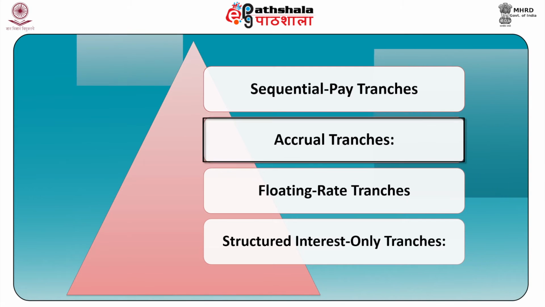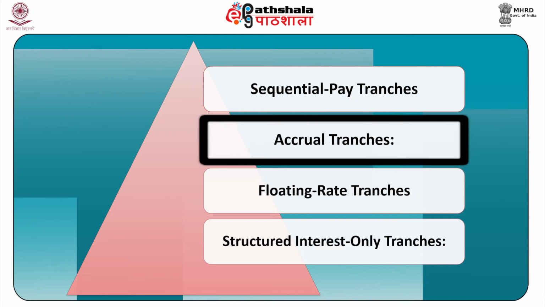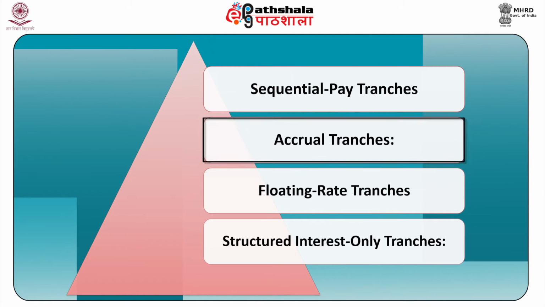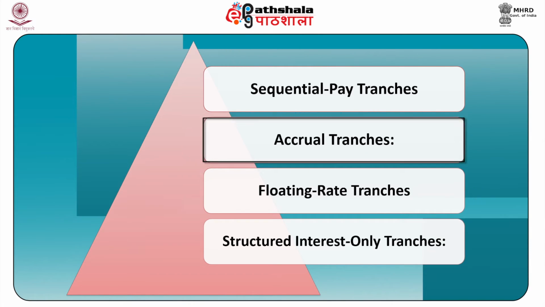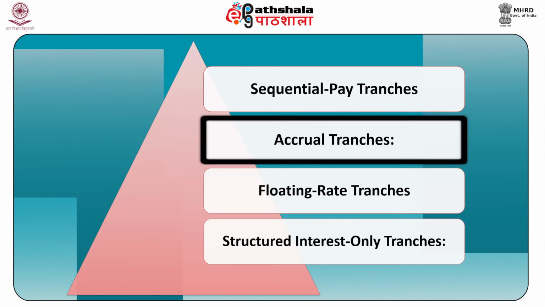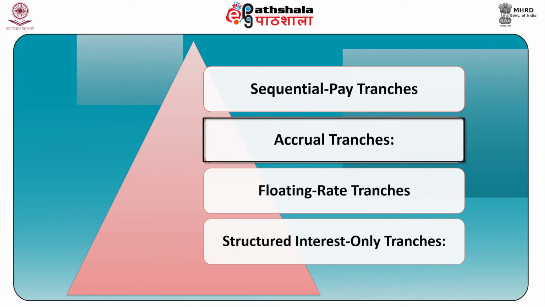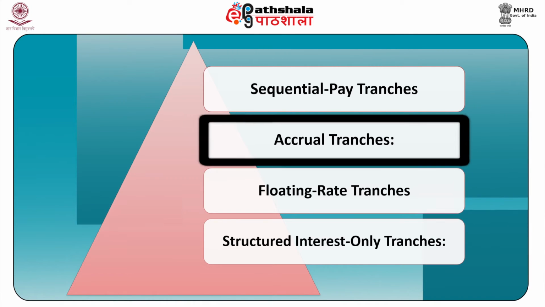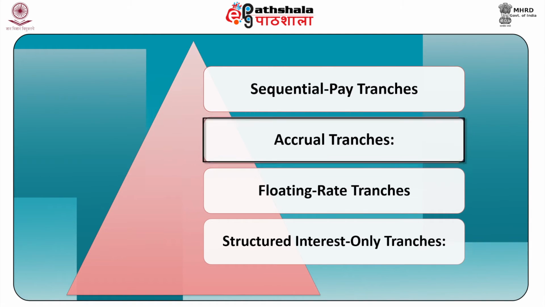Second, accrual tranches. In case of accrual tranches, monthly coupon, principal and prepayments received on mortgages are distributed among different tranches in the following manner. A. The coupon received at the beginning of the month is distributed on all the tranches based on their outstanding balance except on one tranche known as Z bonds.